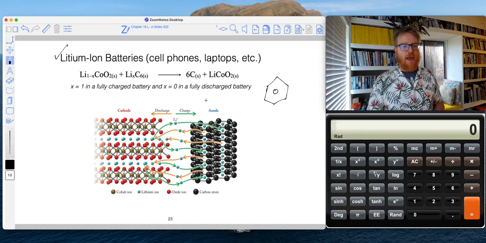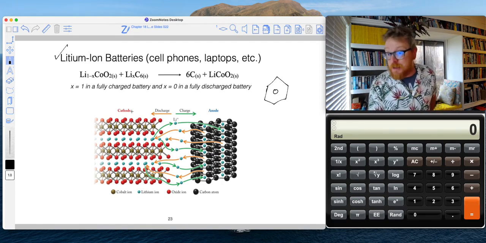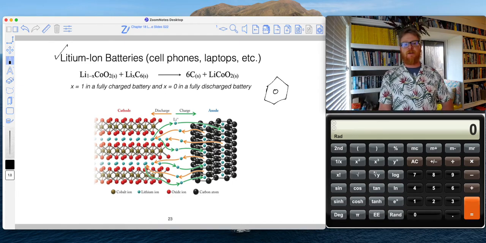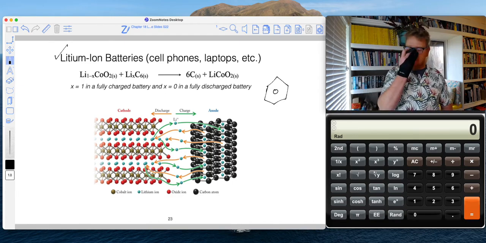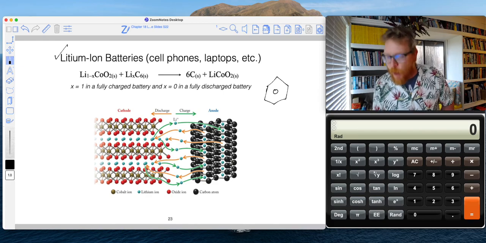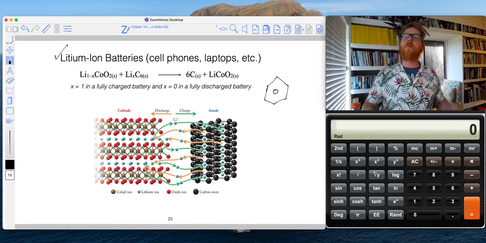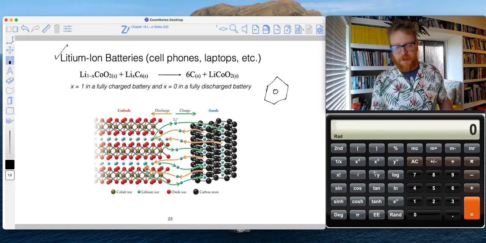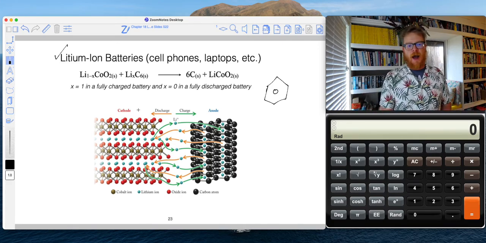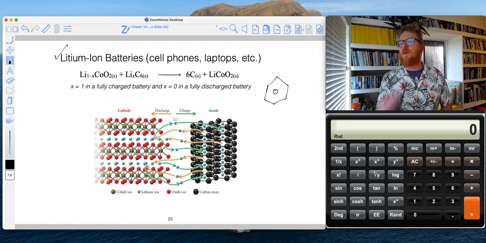There's a lot of channels where you can turn in your old electronics, and a lot of companies are getting much better now at reclaiming these materials to be more environmentally friendly. So use that cell phone until it's falling apart. Use your electronics until they can't be used anymore, and then dispose of them properly. That's the way to be the most environmentally friendly with all of this new battery technology.